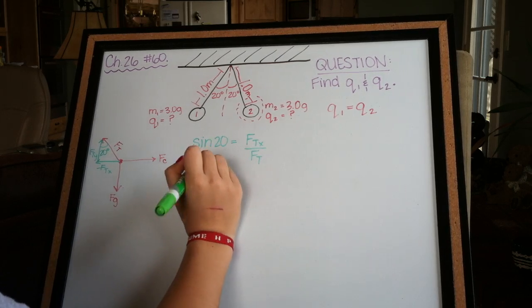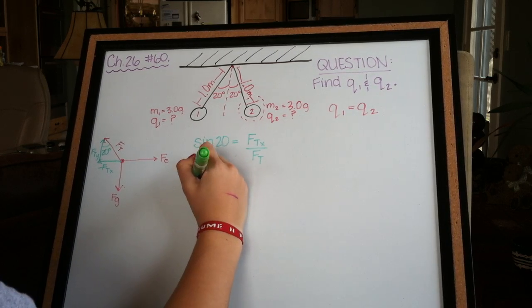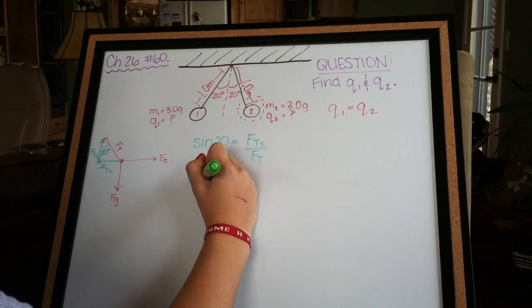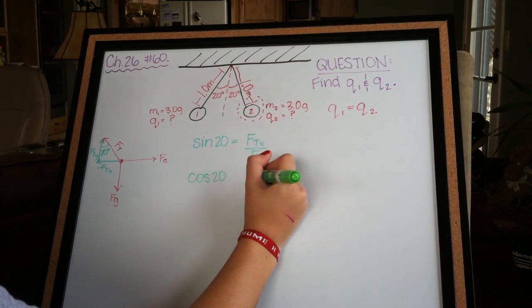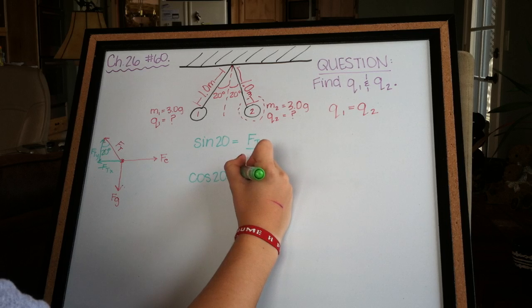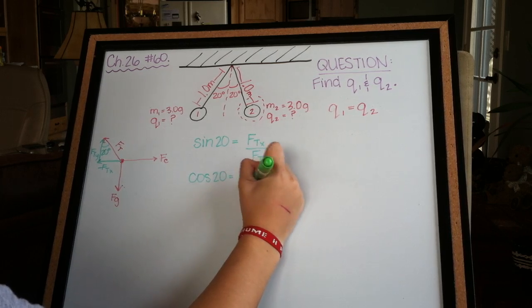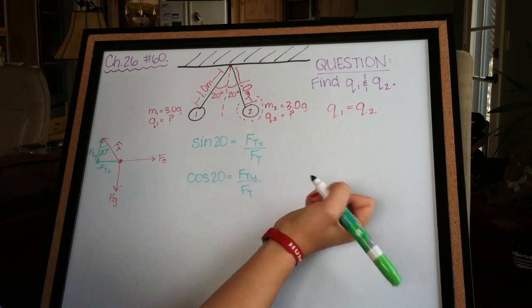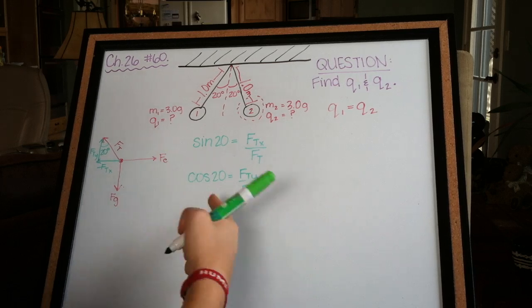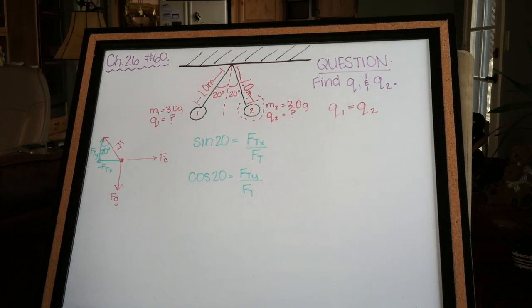Now, force tension in the y direction is going to be cosine of 20 equals force tension in the y over force tension. From here, I can continue solving the problem.